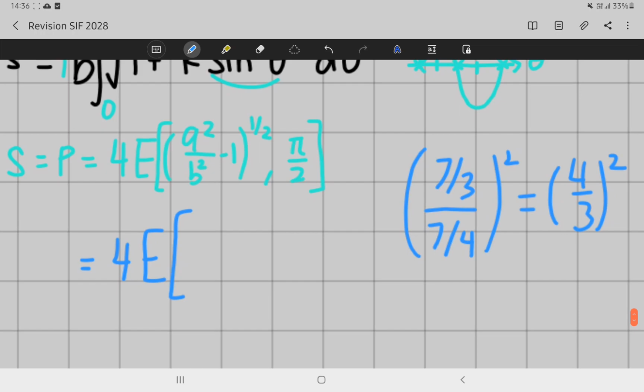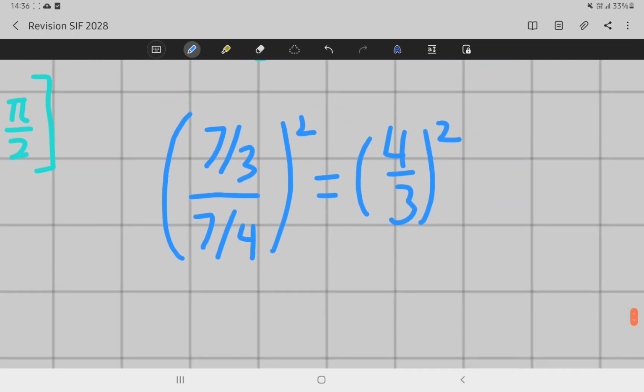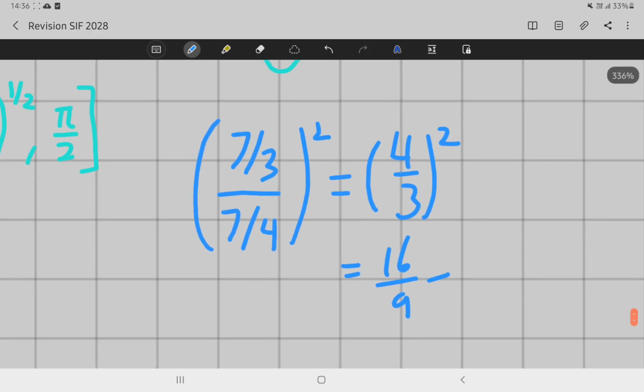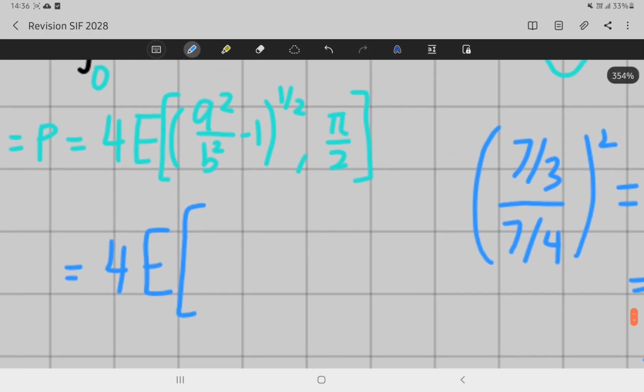So it is 16 over 9. 16 over 9 minus 1 is 7 over 9. Okay, so it's square root of 7 over 9, or 7 over 3, pi over 2.